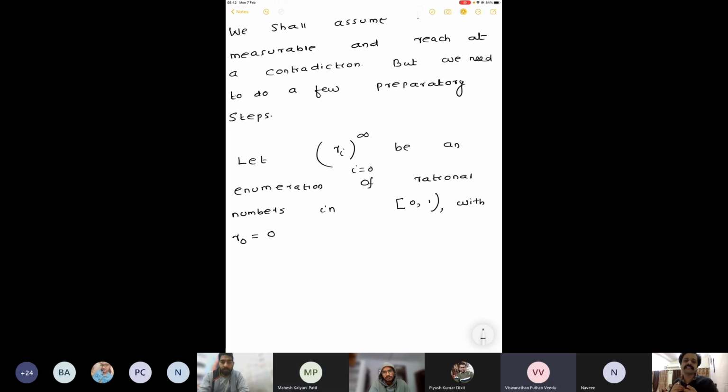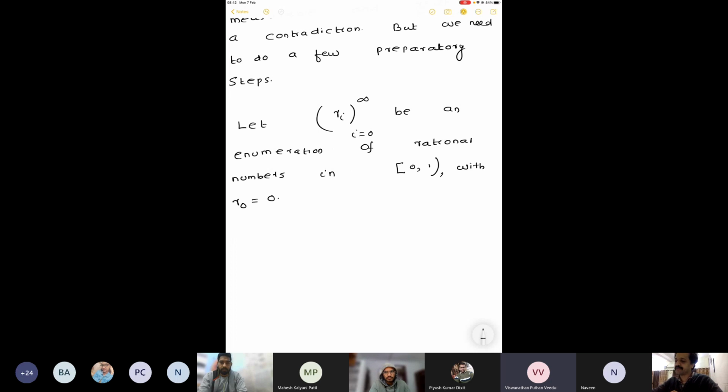So you cannot list them in increasing order, but it is countable, therefore you can list it. I will make r_0 to be 0, and I am not bothered how r_1, r_2, r_3, etc. are arranged. So don't confuse: when I say I can list it and make r_0 as 0, that doesn't mean I can list in increasing order. That is never possible, because between any two rationals there exists another rational. Anyway, that is not relevant to us.